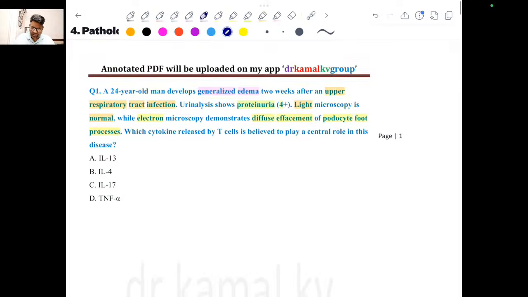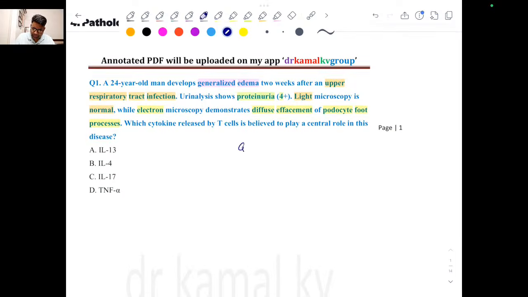Okay, so yes, the moment you have this much amount of keywords, the clinical diagnosis is very easy. There is generalized edema, also known as anasarca. Then there is massive proteinuria, 4 plus.